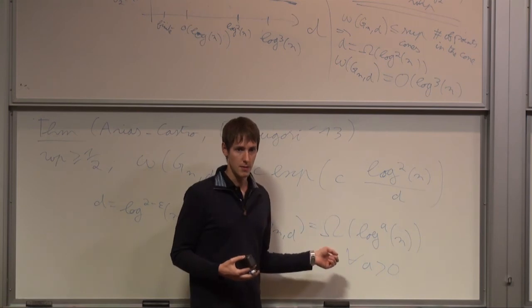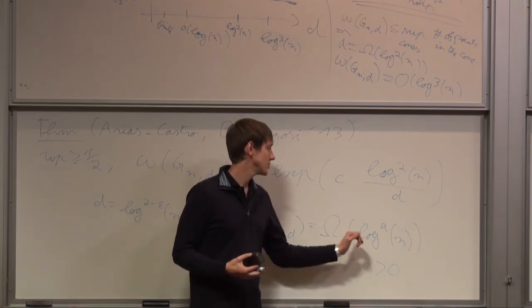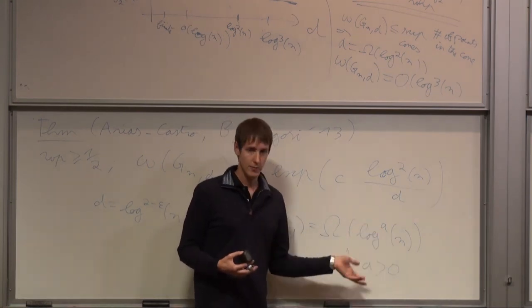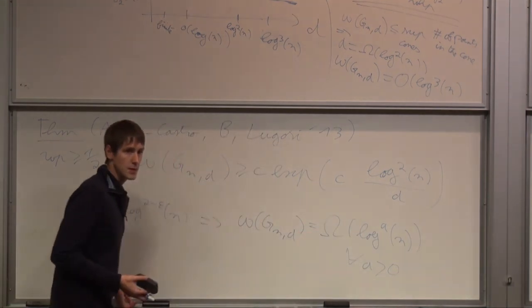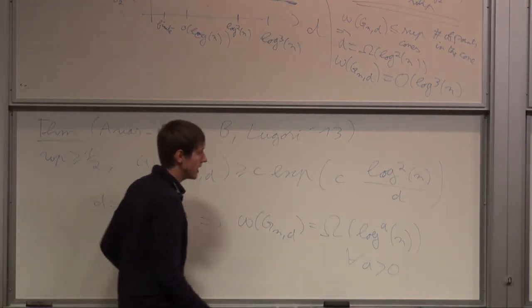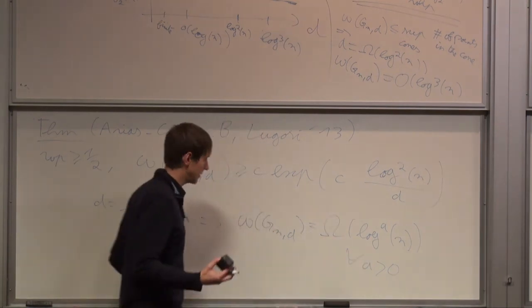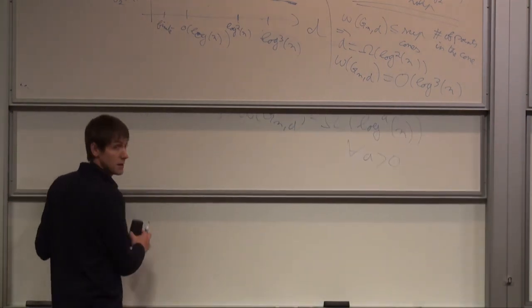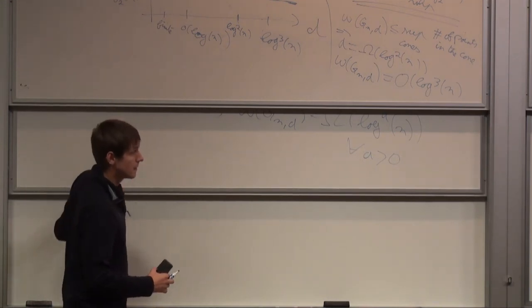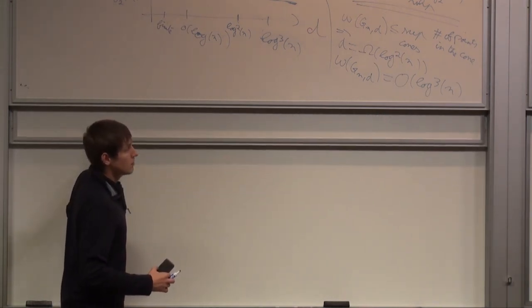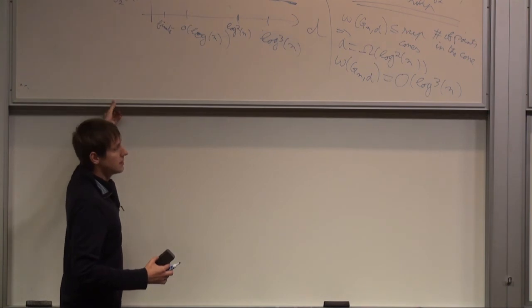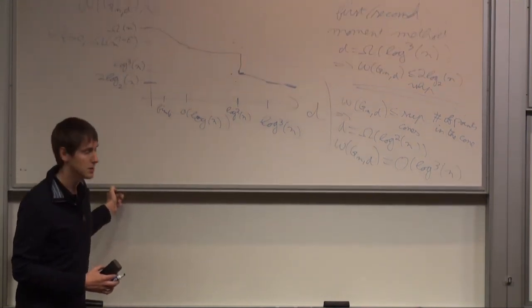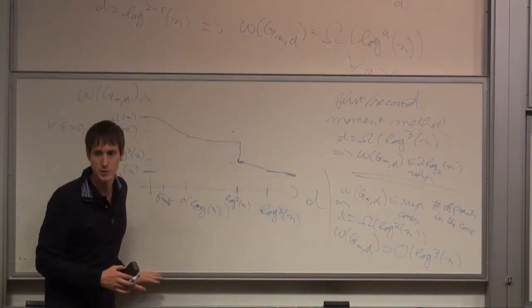Here I'm just saying that you are larger than log to the A of n for any A. It's more interesting when A is a billion, very large. Why is that not exactly equal to 1? Maybe you don't have the mass exactly. It's for non-interesting reasons.